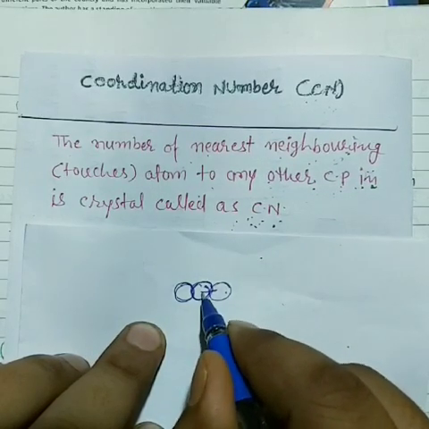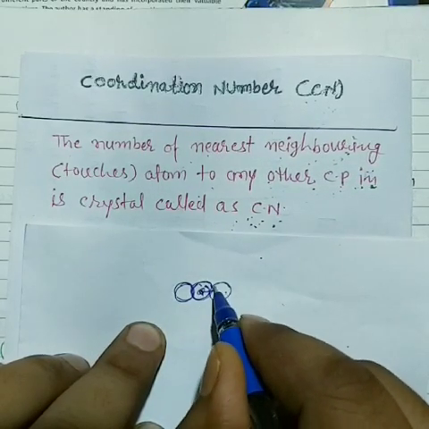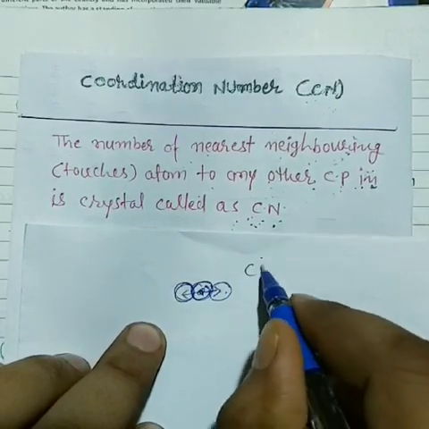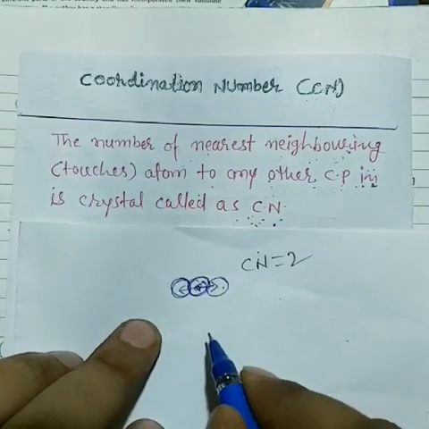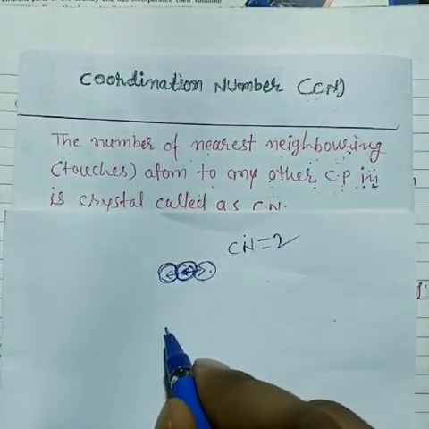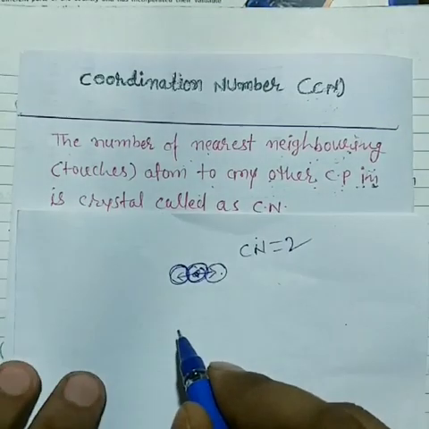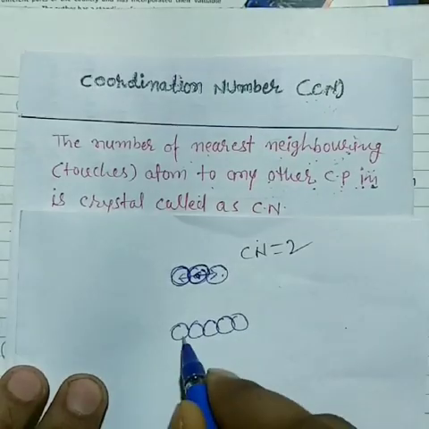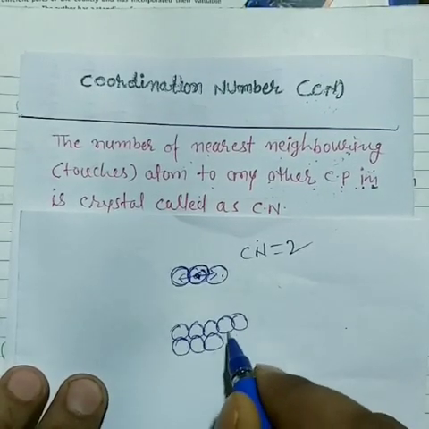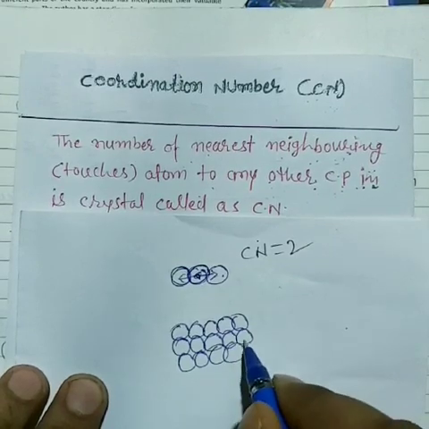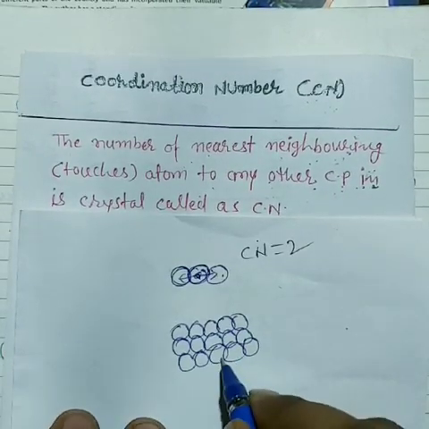Now if I take this atom, how many atoms does it touch? 2. So here the coordination number is 2. Now another example. Let's see, students, another example. Here it is a 2D crystal.